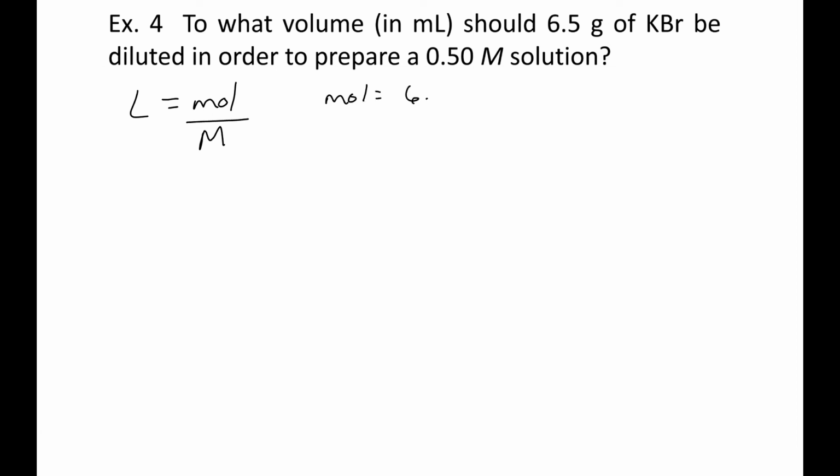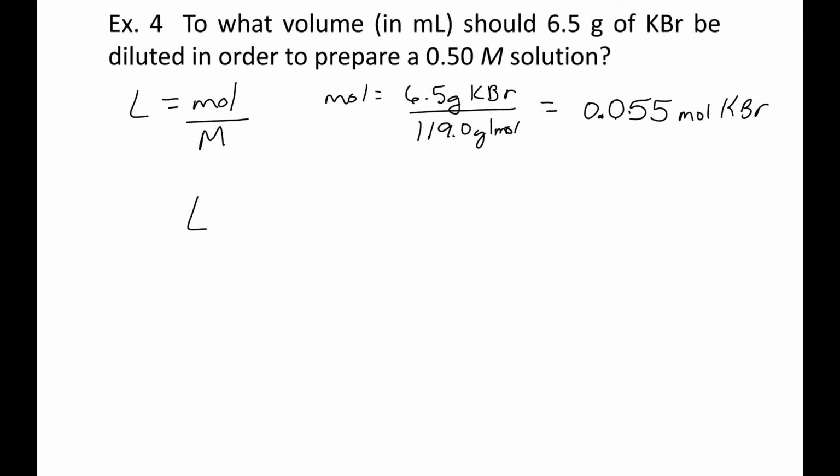So moles is 6.5 grams of KBr divided by the molar mass, which is 119, and we get 0.055 moles of KBr.